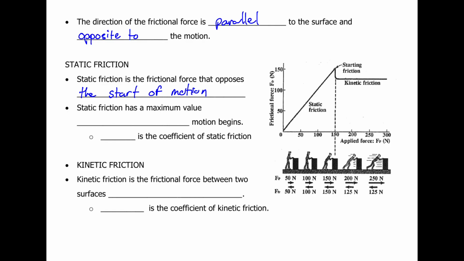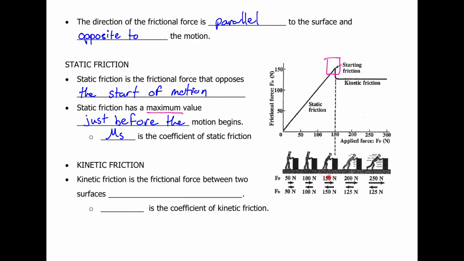It has a maximum value just before the motion starts. So we use a mu with a little s below it to set that up. The maximum value is right at the top here, just as it starts to move.